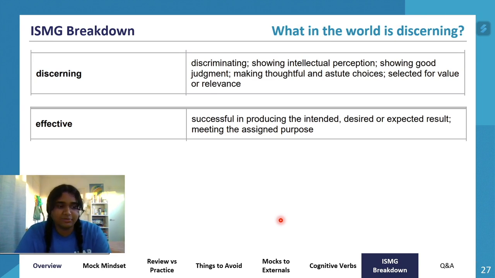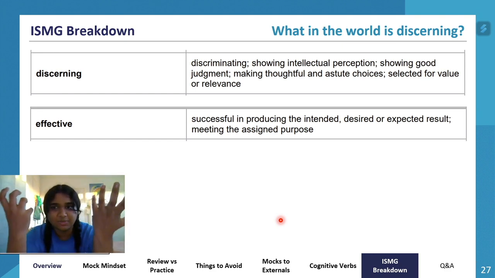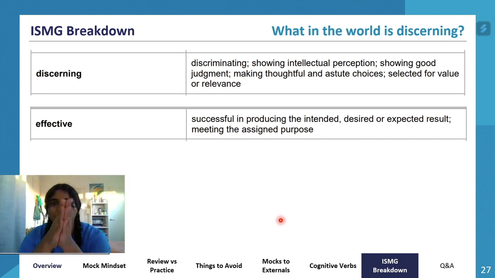We touched on this briefly before, but the difference between discerning and effective. If you have a look at ISMGs, you'll see these words kind of pop up a lot. Discerning quite literally means the most intellectual take on the topic that you're talking about. So it's discriminating. It shows intellectual perception, good judgment, making thoughtful and astute choices, selected for value or relevance.